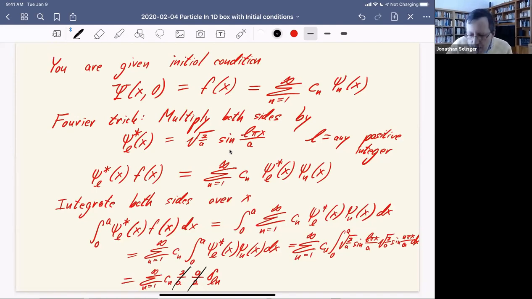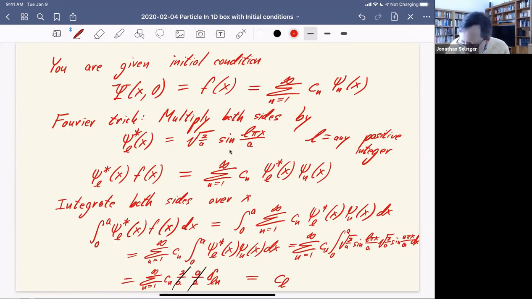If n equals L, then this is Cn times 1. If n is anything other than L, you get 0. So only one of this infinite number of terms is non-zero. So that term is Cn with n equals L, so it's Cl.